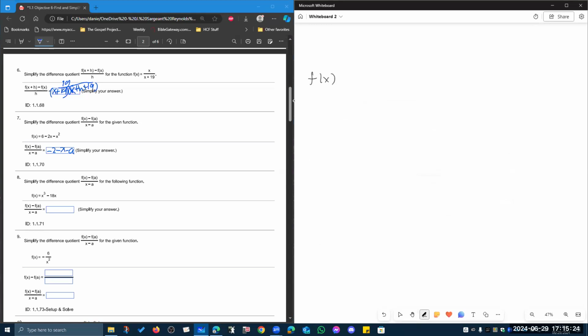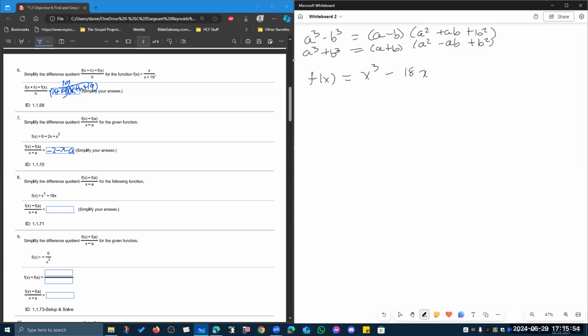F of x is equal to x cubed minus 18x. I already know that we're going to need to use this factoring technique in this one, so I'll write it for you now. And don't forget its partner, if we get plus, is this one.